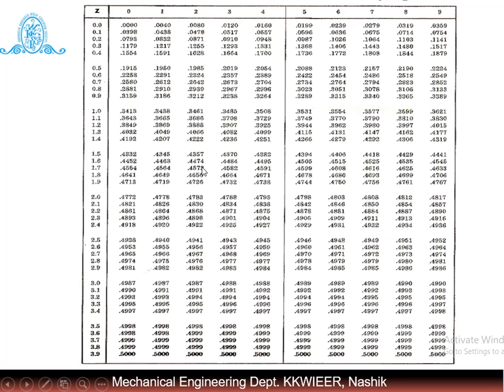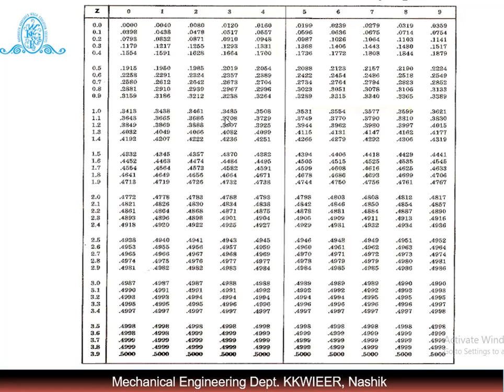Again I repeat, for z equal to 1.25, 1.2 down the side and 5 across, the value of the area is 0.3944.